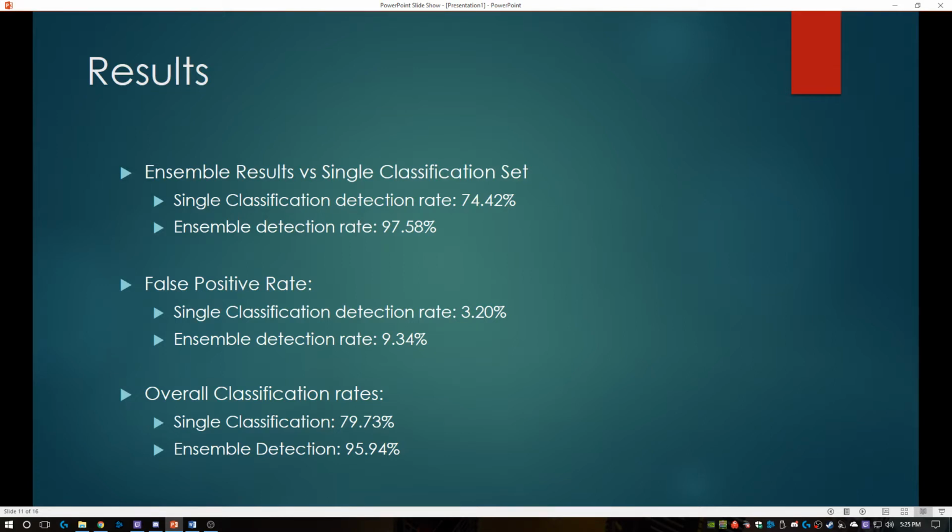In the end, overall classification rates of a single model yield 79.73% accuracy, while our ensemble detection yields 95.94% accuracy. So as you can see, the ensemble detection technique utilizing multiple classification sets and multiple classification models and filtering out the false positives actually yields a much higher accuracy rate for detecting cyber intrusions.